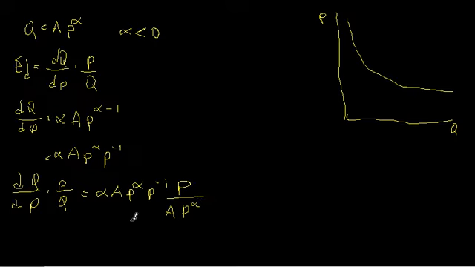Now there are many ways to cancel things here. If we look for a different color, we can certainly cancel this P with this P, and we can cancel this P to the alpha with this P to the alpha, and this A with this A, so that the result for elasticity is alpha.